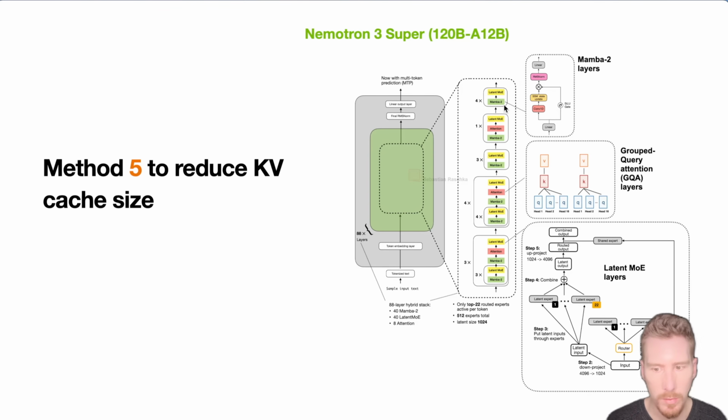And also that reduces the KV cache size because Mamba layers don't have keys and values. At the same time, they also have a modification of the MoE, the mixture of experts, using this latent idea, kind of like analogous to multi-head latent attention. But I know there's a lot of detail, and I don't want to overwhelm you. I just wanted to mention there is also another idea out there.